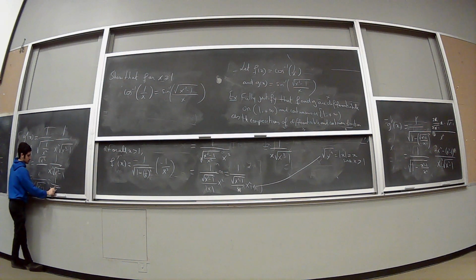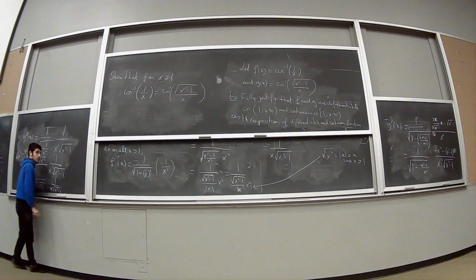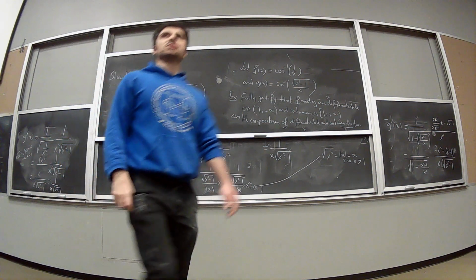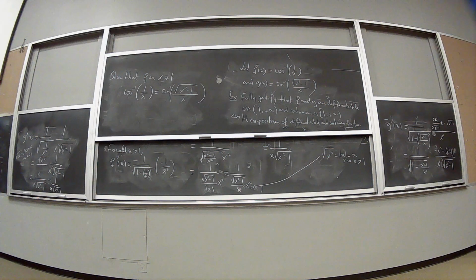Okay, so you get that f prime is equal to g prime after all this. Again, if you attempted this, it shouldn't be that hard.